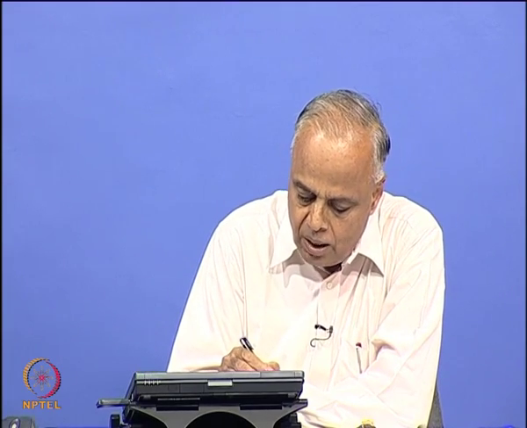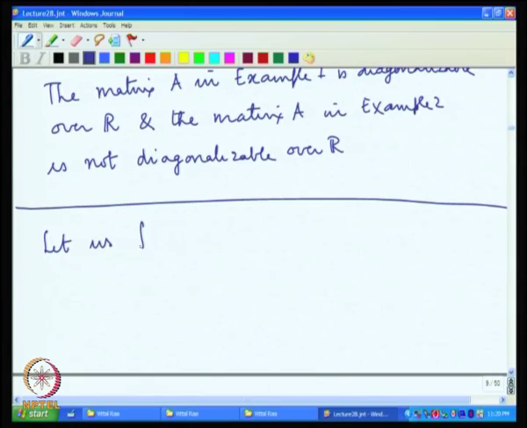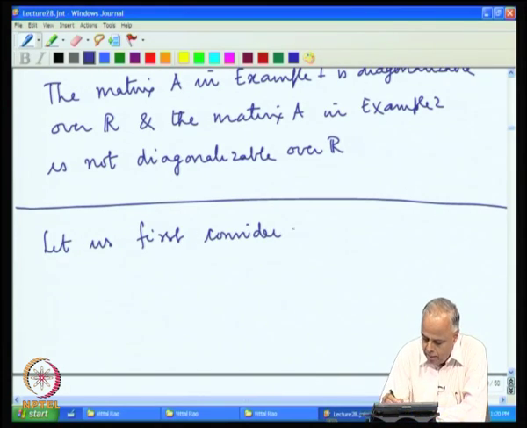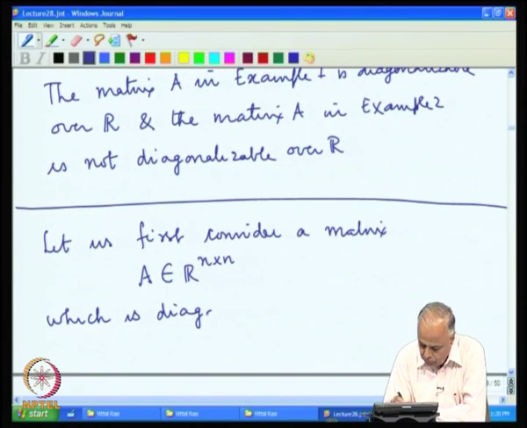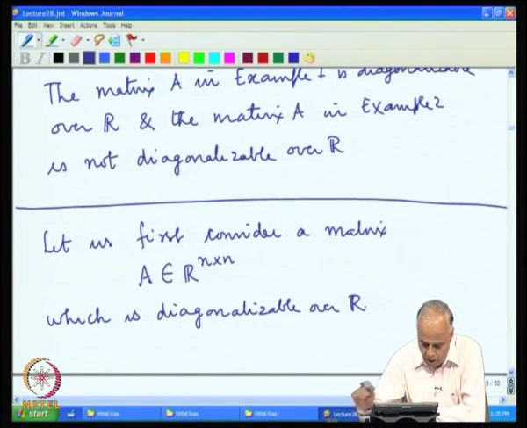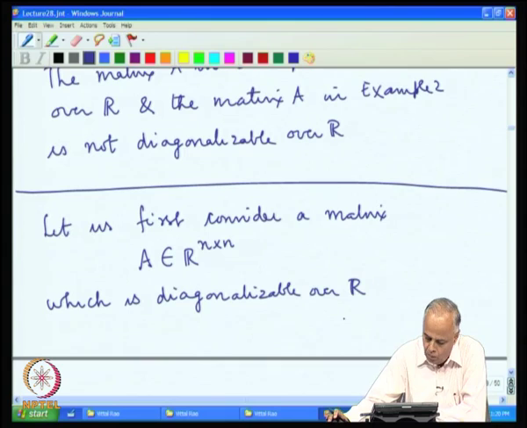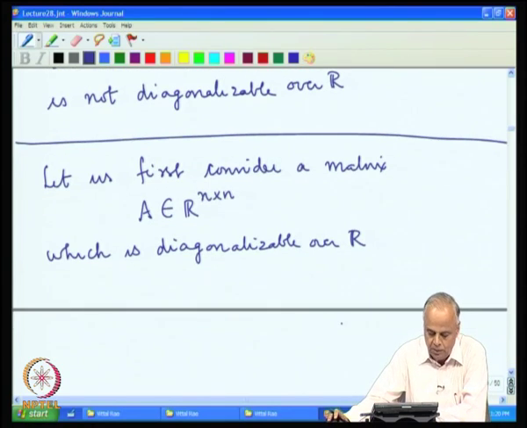So, let us start. Let us first consider a matrix A which is real n by n, which is diagonalizable over R. Now, what does this mean?